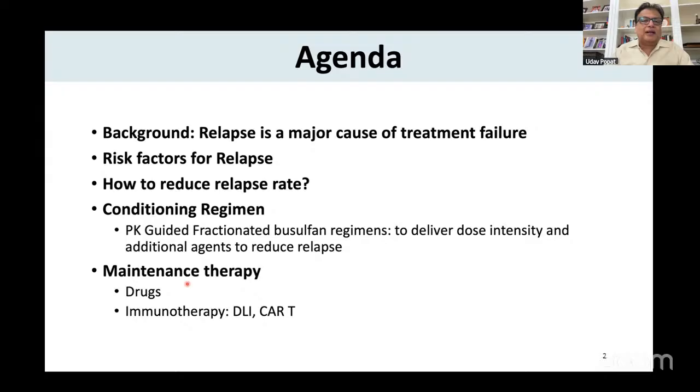As I'll show you in our data, relapse is a major cause for treatment failure. We'll briefly talk about risk factors for relapse. And then we go on to strategies that are being adopted, including some novel strategies, some data fresh off the last ASH meeting and ASTCT meeting, our own and some other centers, and give you some insight into what data is out there and what approaches people are taking.